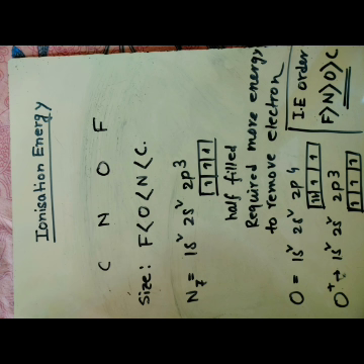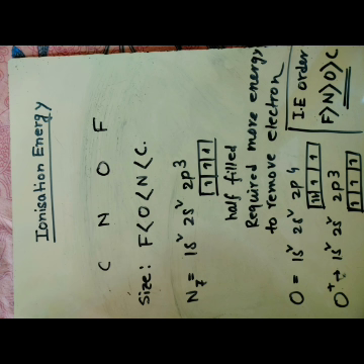You know, the size order of these elements is oxygen smaller than nitrogen, smaller than carbon. So the size order is carbon has a larger size than nitrogen, than oxygen. According to the relation between size and ionization energy, size is inversely proportional to ionization energy.